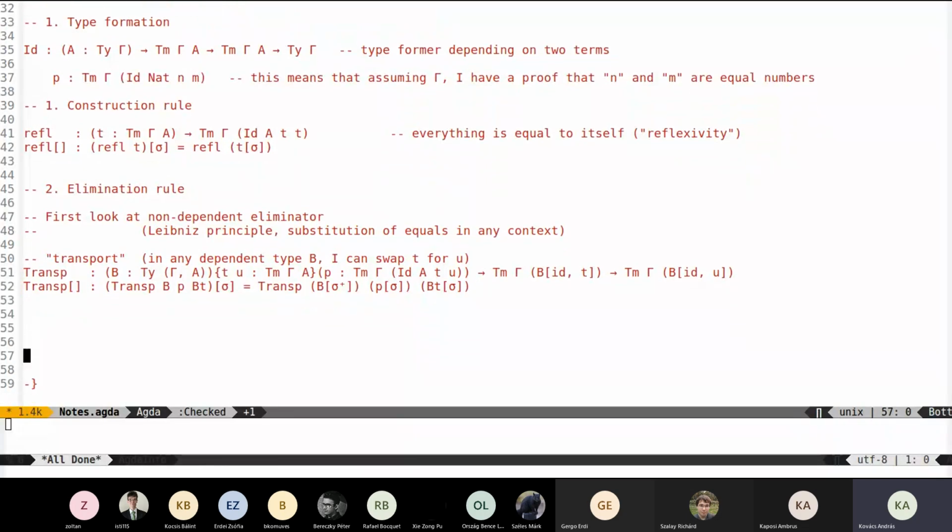Okay, but I think it makes a lot of sense to just look at a bunch of examples in Agda. So we will look at some examples in Agda as well. And I also have a beta rule for transport.